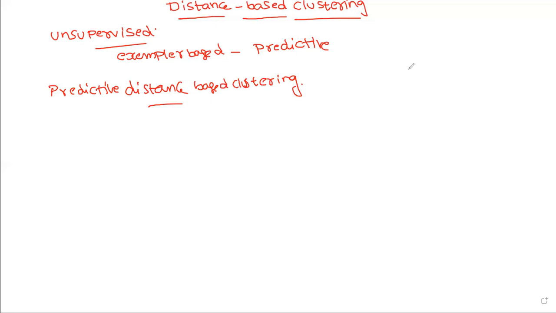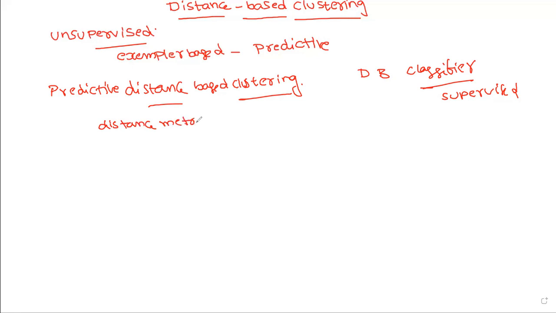Generally remember, the classifier comes under supervised learning. The clustering comes under unsupervised learning. The predictive distance-based clustering uses the same ingredients as the distance-based classifier. What is this? A distance metric.